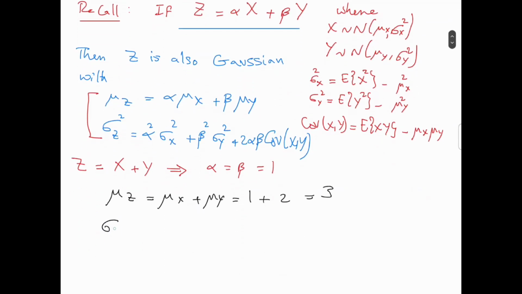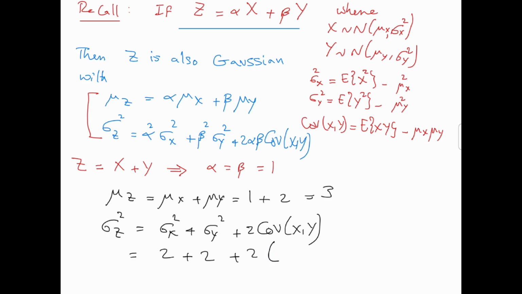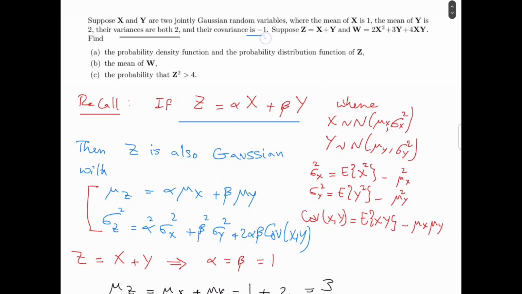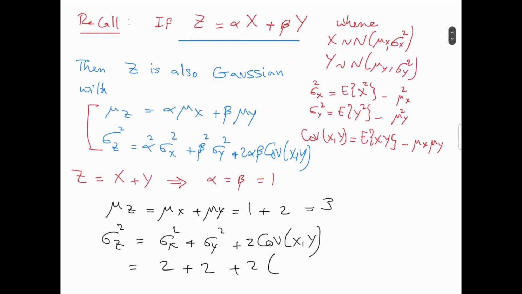The variance of x and y, as you can see, they are both equal to 2, so we can calculate sigma z square equal to alpha square, which is 1 square, times sigma x square plus sigma y square, substituting alpha and beta equal to 1, plus 2 times covariance xy. That is 2 plus 2 plus 2 times the covariance of x and y, which is given by -1.